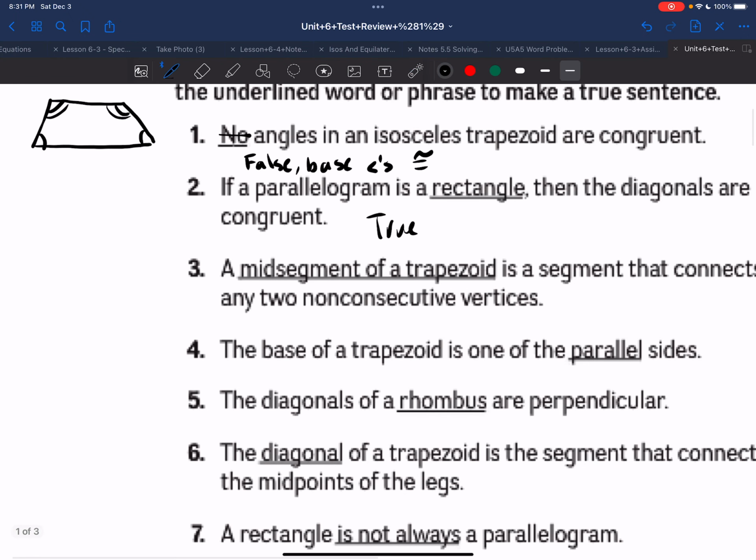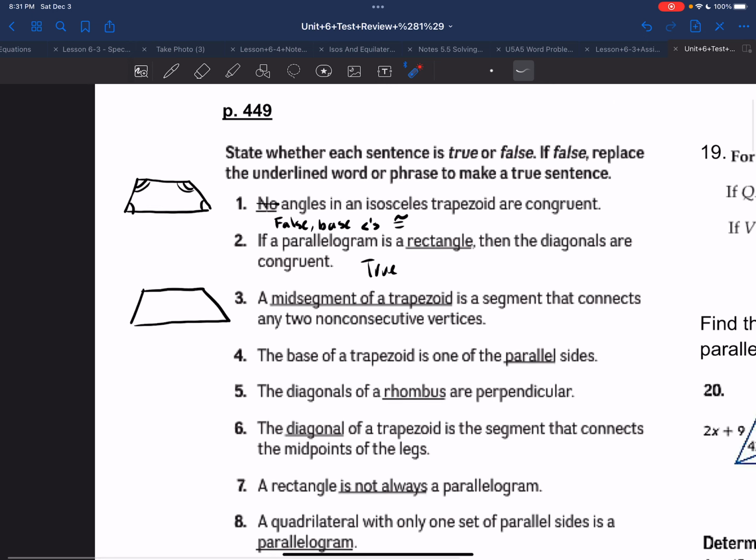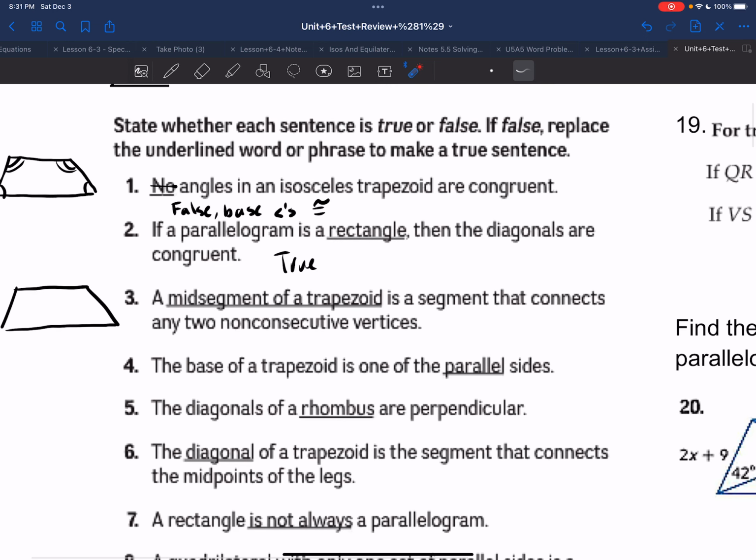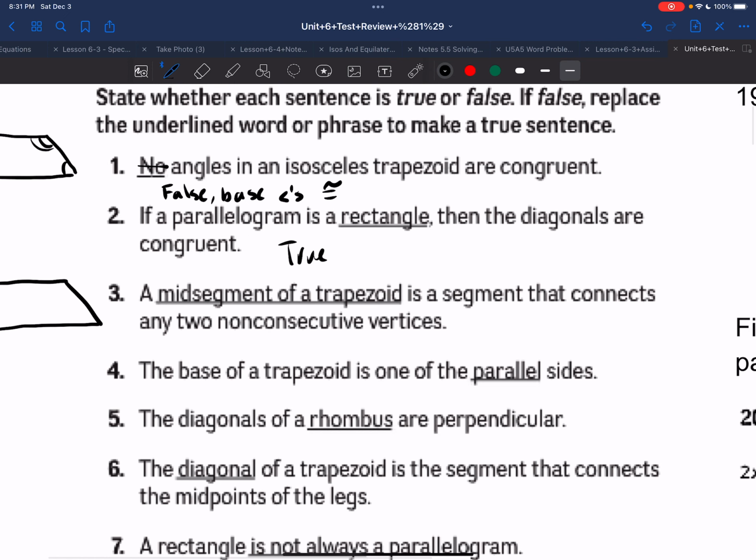So here, this is a vertex, this is a vertex, this is a vertex, and this is a vertex. A mid-segment just connects the legs, but the diagonals connect any two non-consecutive vertices. So we can just say false, and we're talking about the diagonals.